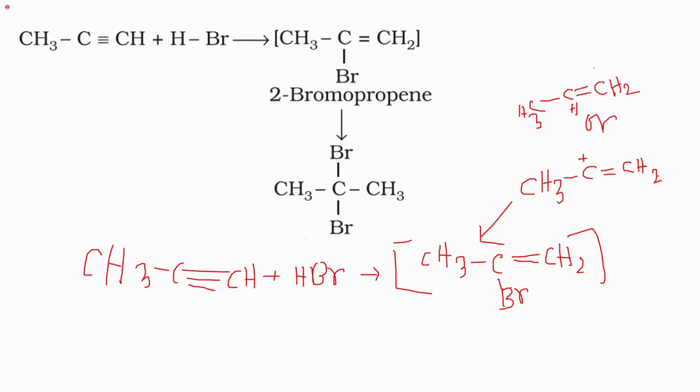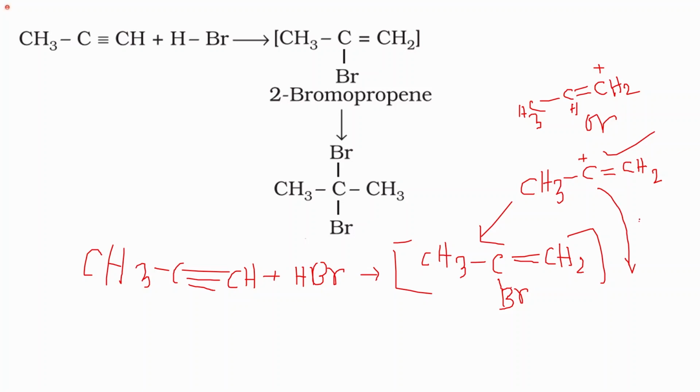As in the previous slides, when it goes via a carbocation, it depends on the stability of the carbocation. So this is the most stable carbocation, because this is a secondary carbocation and this is a primary carbocation. That's why it goes via this carbocation.